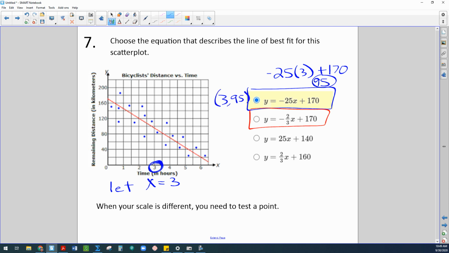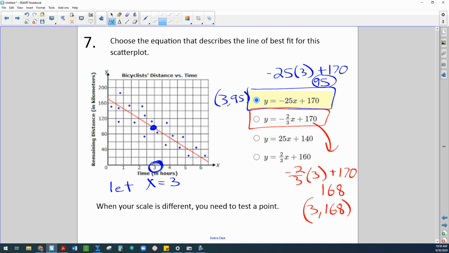If I try to graph that, it's going to be right on the line. So I do that for the other option, negative 2/3 times 3 plus 170. I'm going to get 168. So when I plugged in 3, I got 168.